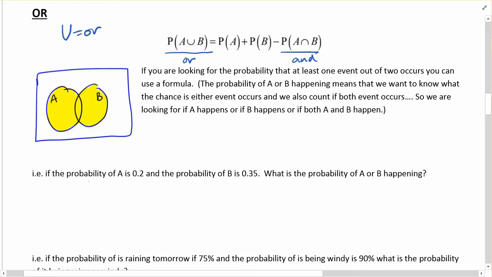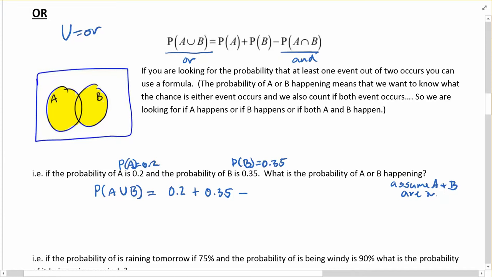So if we take a look at our question here, if the probability of A is 0.2 and the probability of B is equal to 0.35, what is the probability of A or B happening? So we'll use our formula. The probability of A or B happening is the probability of A, 0.2, plus the probability of B, 0.35, minus the probability of A and B. So how do we do this? I don't know the probability of A and B, so what I have to do here is assume A and B are independent.